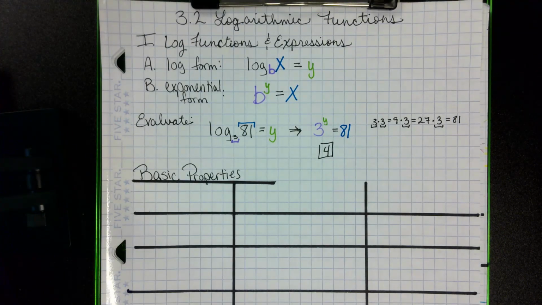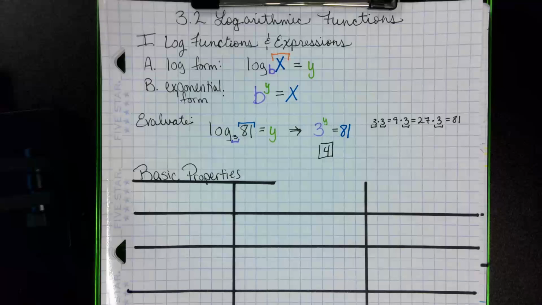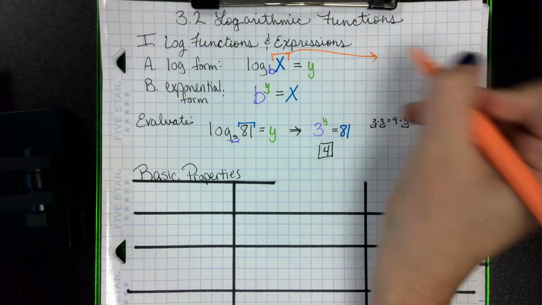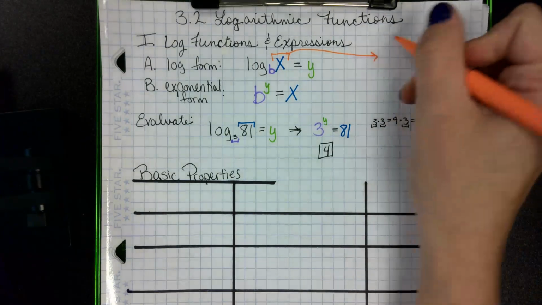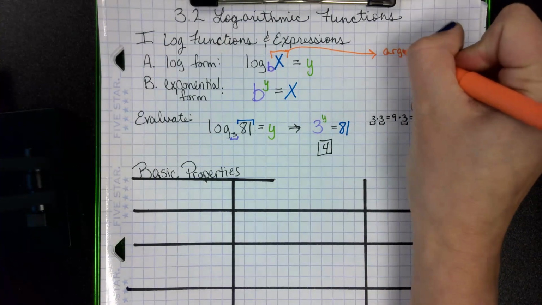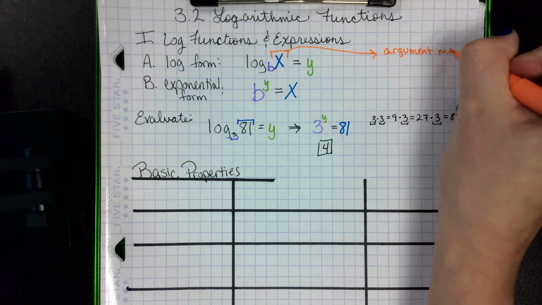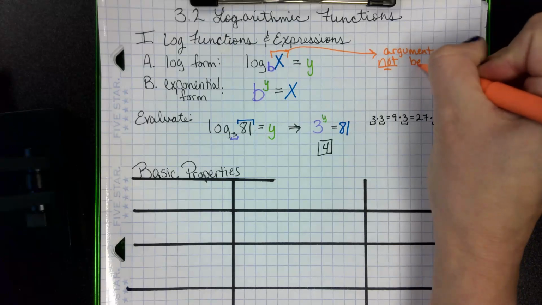And there is also a little note that you need to make about the argument. The argument is, what is x right here? The argument of the log. If you ever see that and it's a negative number, you can stop and say no solution. Because your argument may not be negative.